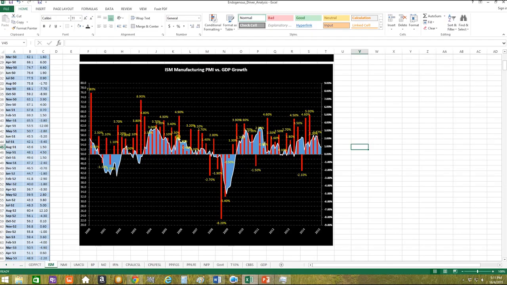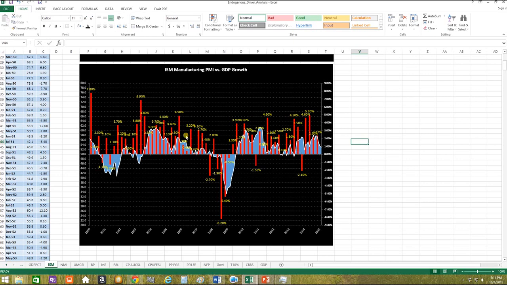We then saw business sentiment rise and then drop again going into the financial crisis of 2008. And you can see the next thing that happens, we drop into the financial crisis of 2008, where business sentiment goes very negative, and then we have a turnaround, and we have a positive ISM all the way up till 2012, where we get a few negative readings, and in 2013 we have a few negative readings as well.